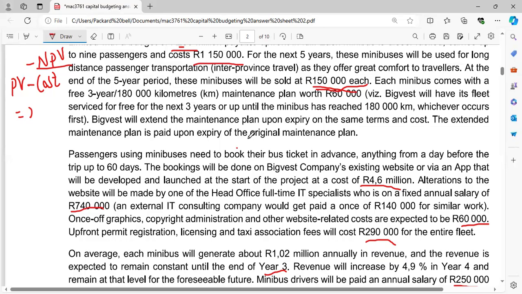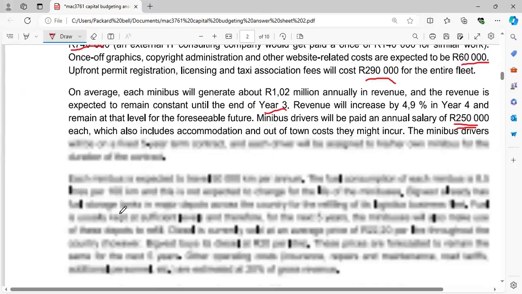The extended maintenance plan is paid upon expiry of the original maintenance plan. So this maintenance plan is 60, which means after 3 years we need to renew the maintenance plan. So let's come here and say maintenance plan.